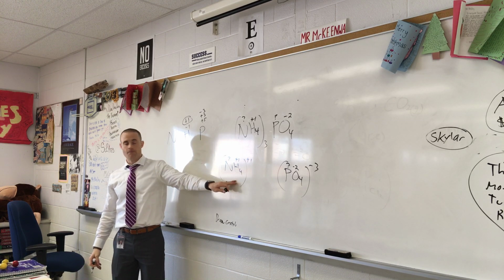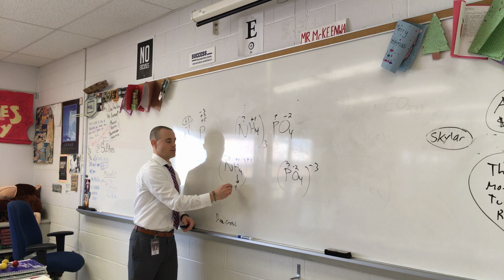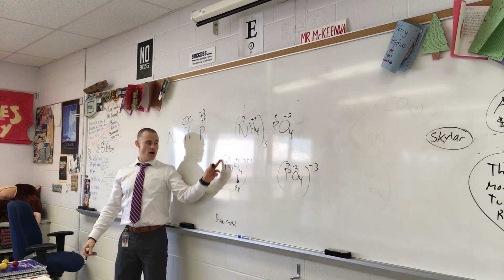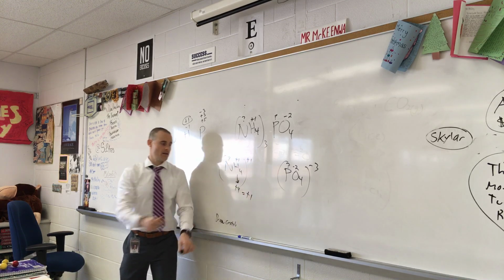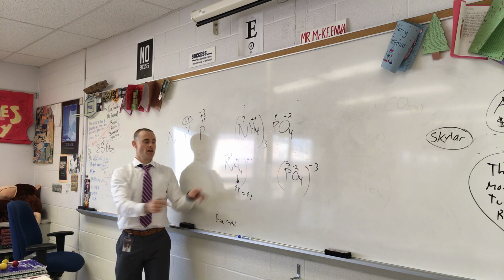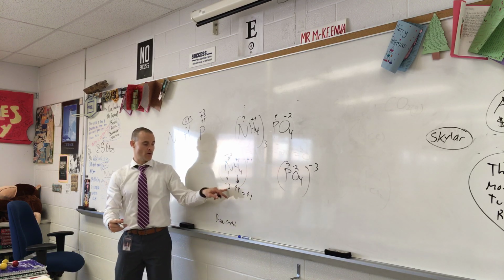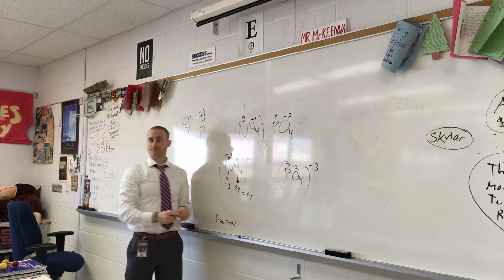So let's go down here. All right, so if I have 4 H's, that's a total charge of plus 4. So if all of these inside the parentheses must equal plus 1, that means N is negative 3, because I only have one of them. So negative 3 and plus 4 equals positive 1. So my answer for N is minus 3.